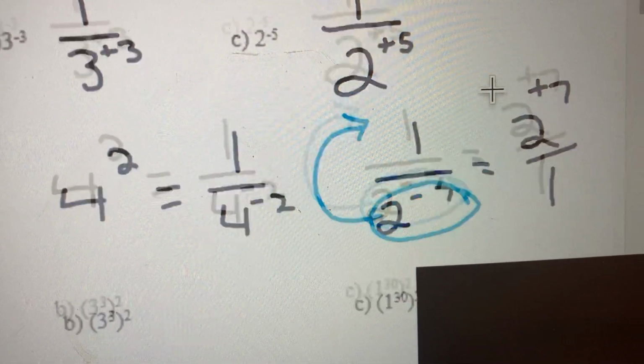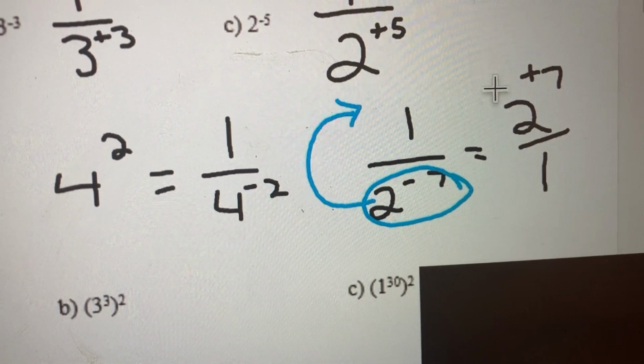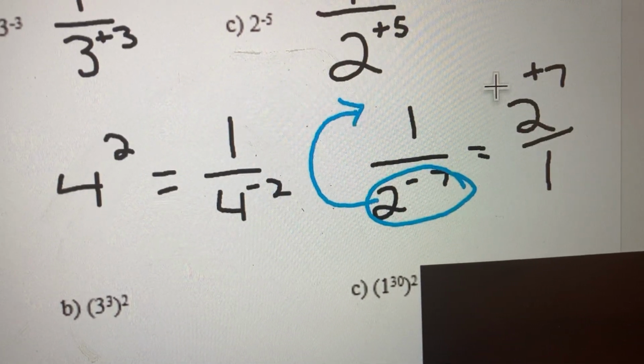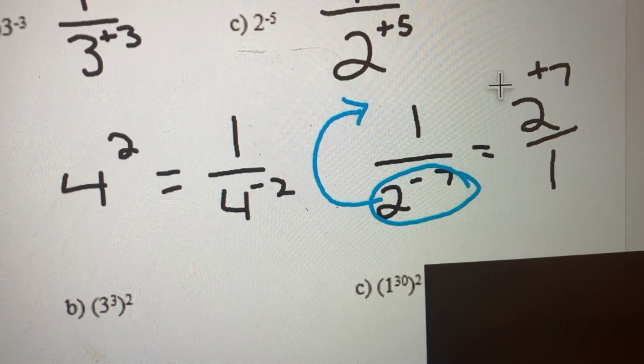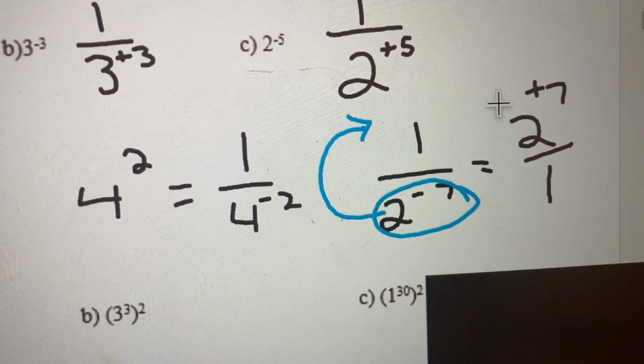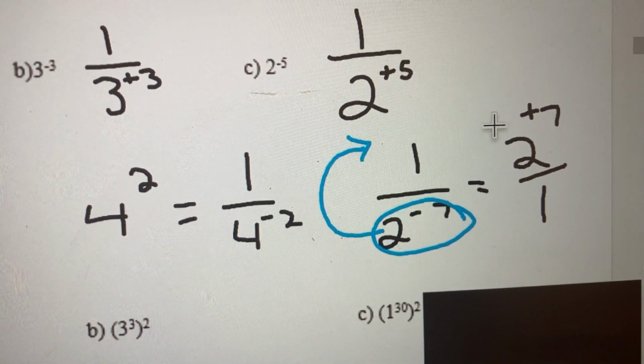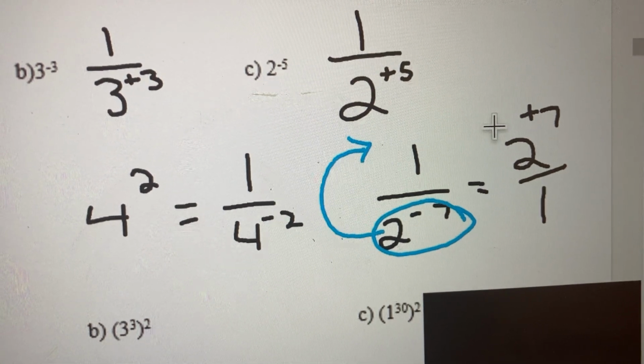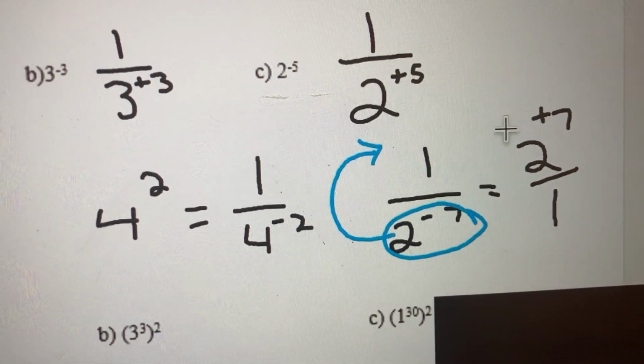I can put the 1 on the bottom as a placeholder. So whether you move the power up to the top or move the power down to the bottom, you change its sign.